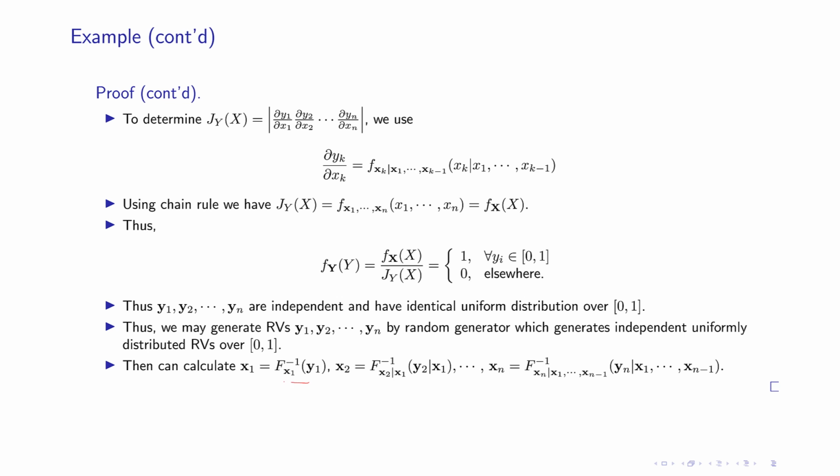So this function gives you this: y1 gives you x1, and then you plug this x1 here, and apply y2, which is generated by you, and that gives you x2. Then these you have from the previous step, and you give this new uniform random variable here, and it gives you xn. So this set of outputs x1 to xn will have the desired distribution that you want.